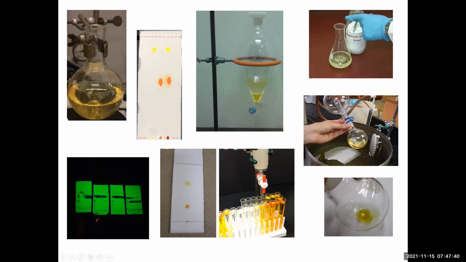We would then decant that mixture or filter it into a round bottom flask, right? Being careful not to fill it more than halfway, and use the rotary evaporator to remove the organic solvent and leave the compound of interest at the end. So typically we would be left with either an oil or a solid at the end of the extractive process.